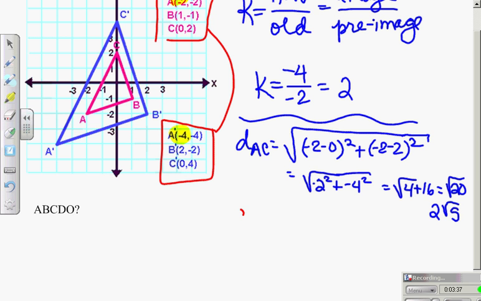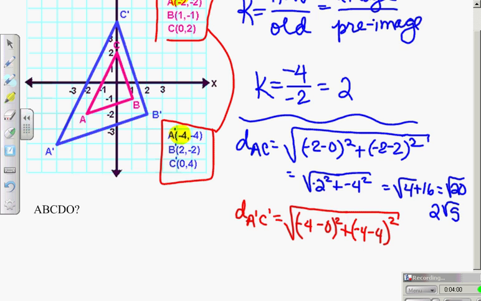If I do the distance from A prime to C prime, we would expect it to be 2 times bigger because everything is getting 2 times bigger. So let's see if that happens. I'm going to take (-4 minus 0) squared plus (-4 minus 4) squared.